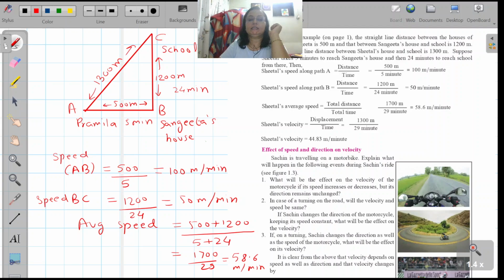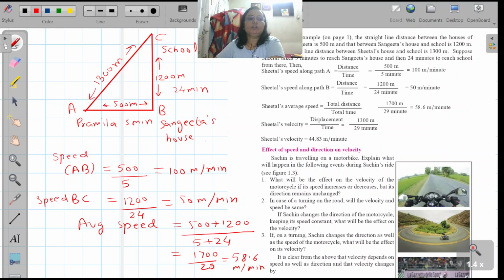This is the average speed taken by Pramila. We don't average it out like 100 plus 50 divided by 2, because the denominators are different. Time taken is different from travelling from A to B and B to C.